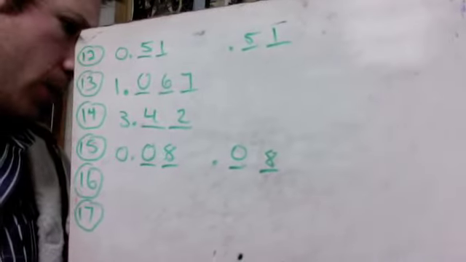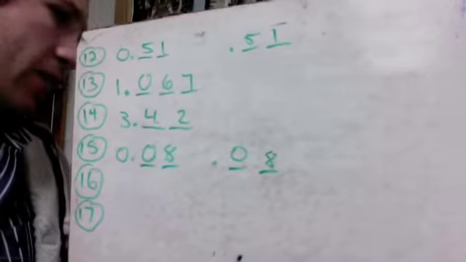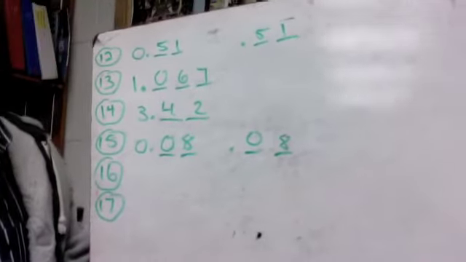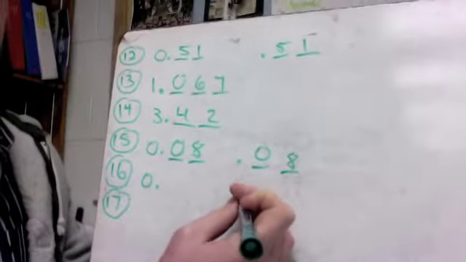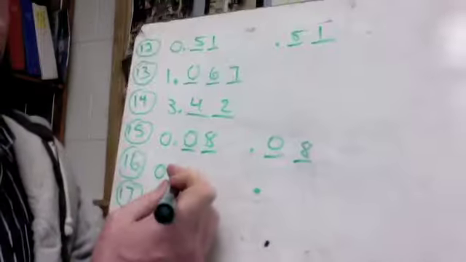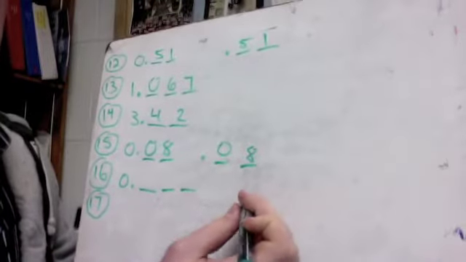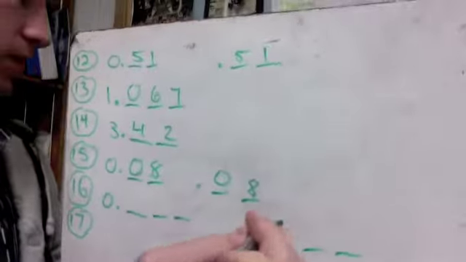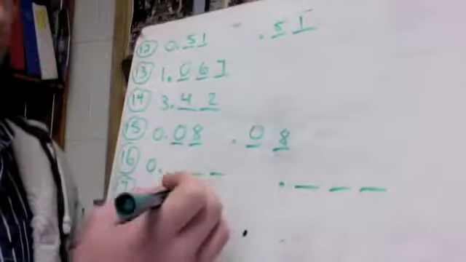16. 167 thousandths. Okay, there's no and, there's no whole number, so we can do 0 and just put the decimal point, but we know we're going out to the thousandths place. Tenths, hundredths, thousandths. Move this over a little bit here. So we have 167 thousandths.